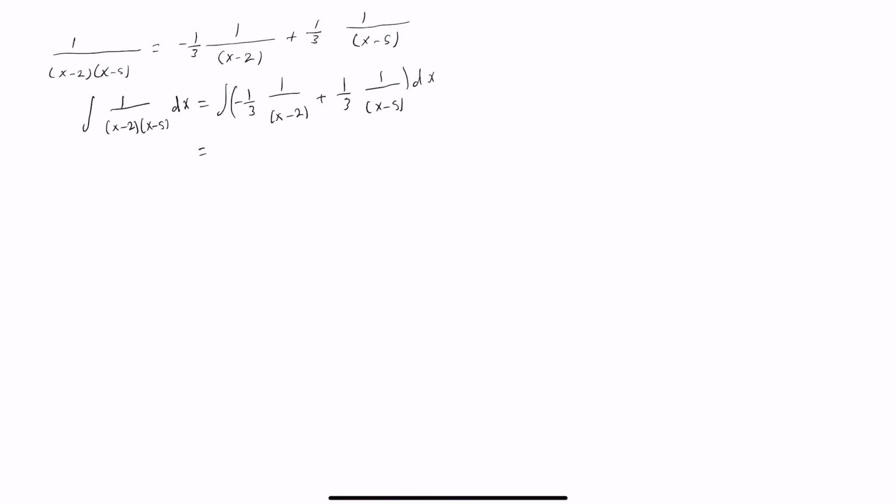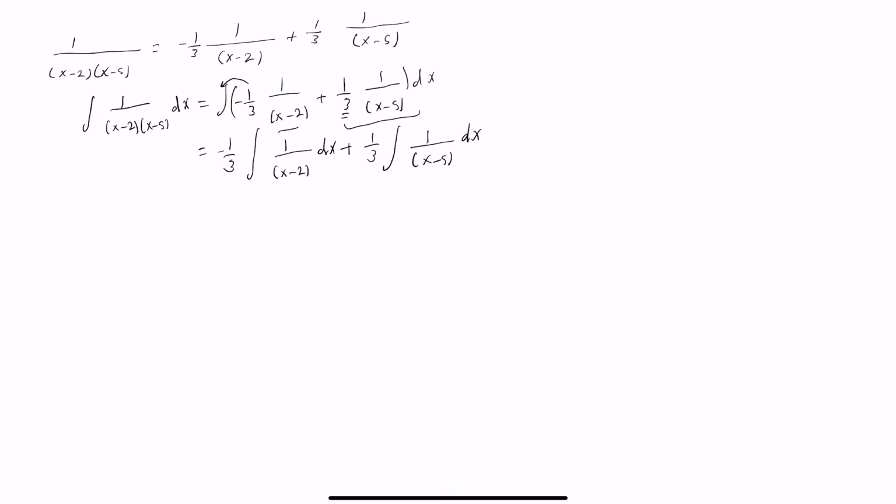This is equal to minus 1 over 3, which I pulled out of the integral, times the integral of 1 over x minus 2 dx, plus 1 over 3, pulled out as well, times the integral of 1 over x minus 5 dx.